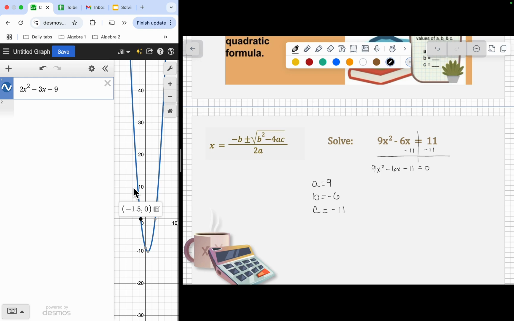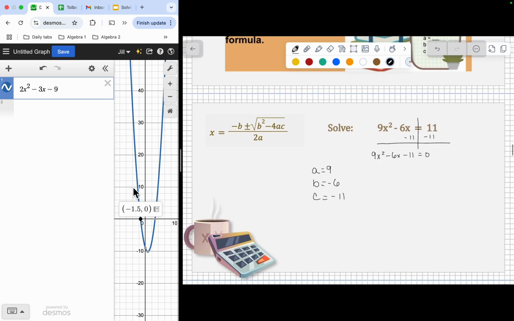So what we want to do first here, I know we're going to need to use the quadratic formula for this one, but suppose we didn't know that, we would want to see if we could find two numbers that multiply to give us negative 99 and add to give us negative 6. We would go through the factors of 99: 1 and 99, 3 and 33, and 9 and 11.